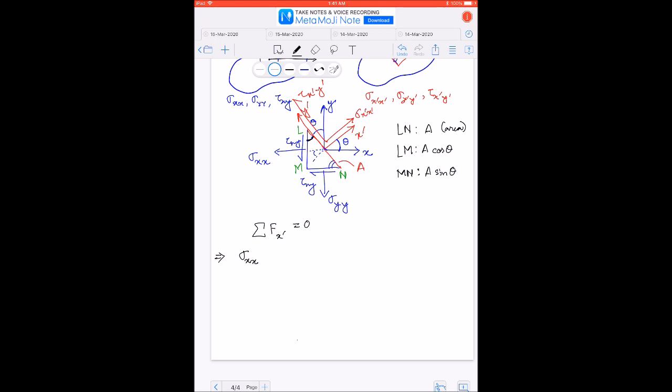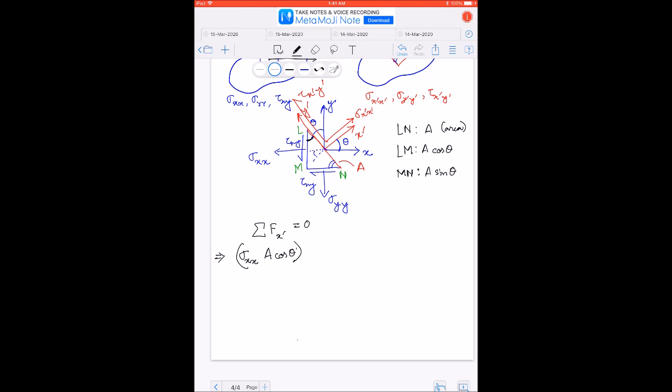So what we are writing here is sigma xx times LM, so that is basically A cos theta. Now this is the force which is acting along the negative x direction. We want the component of this force along the x dash direction.